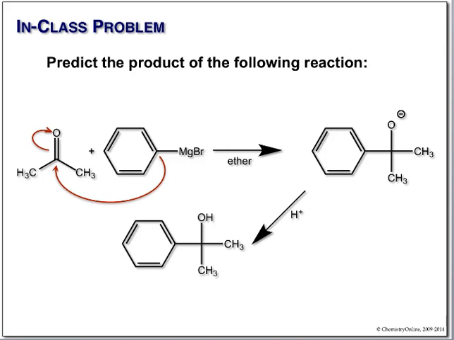We have a methyl group that's attached, and we have a phenyl group that's attached. So this is 1 methyl, 1 phenyl, ethanol. Make sense?